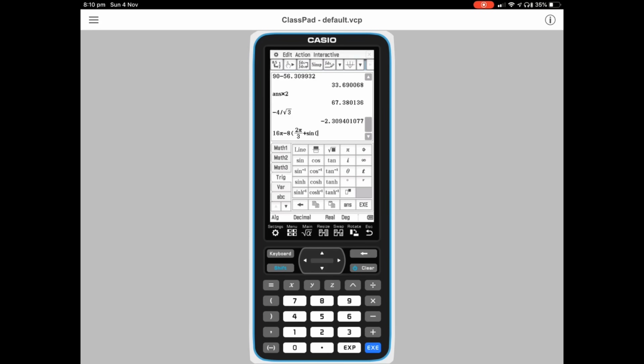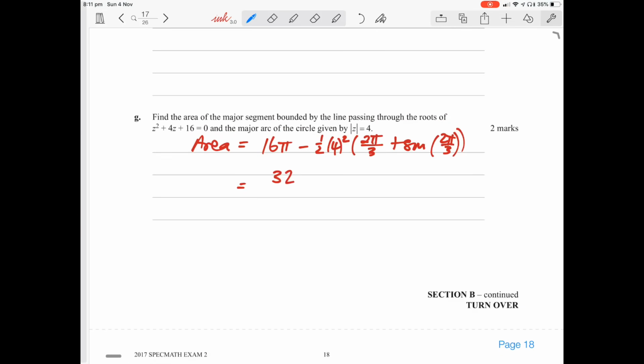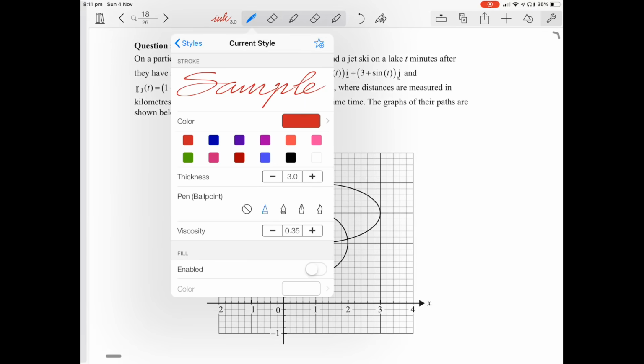Sine 2 pi on 3. Don't want decimal, want exact. Simplify. Got a feeling that's a minus. Yeah, it is a minus. Okay, so 32 pi on 3 plus 4 root 3 units squared. Why did I change colors?